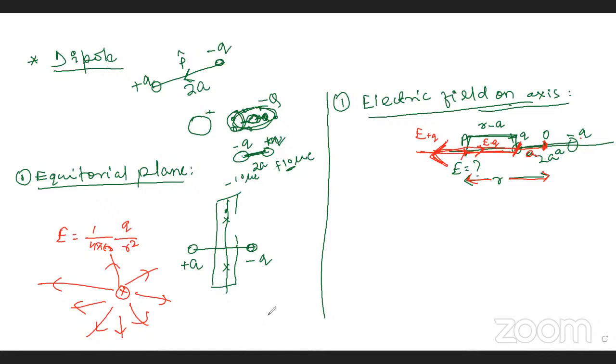For example, suppose this is a box. If you are applying 5 Newton force to the right side and 2 Newton force to the left side, what is the net force on the box?